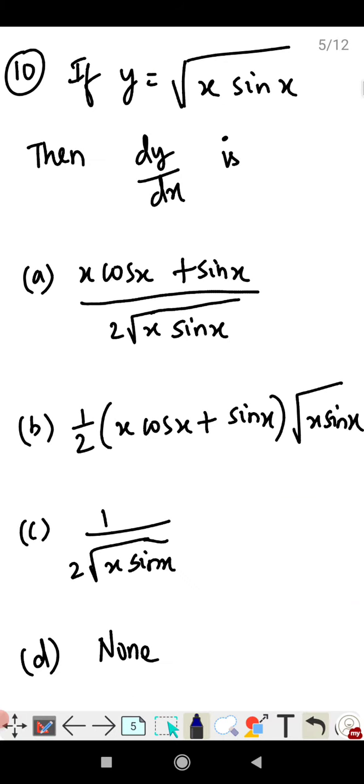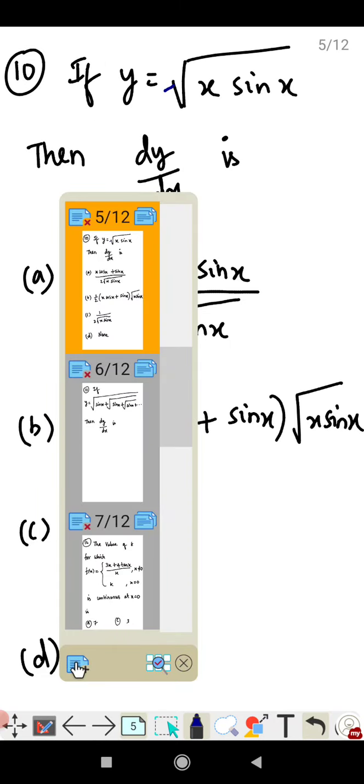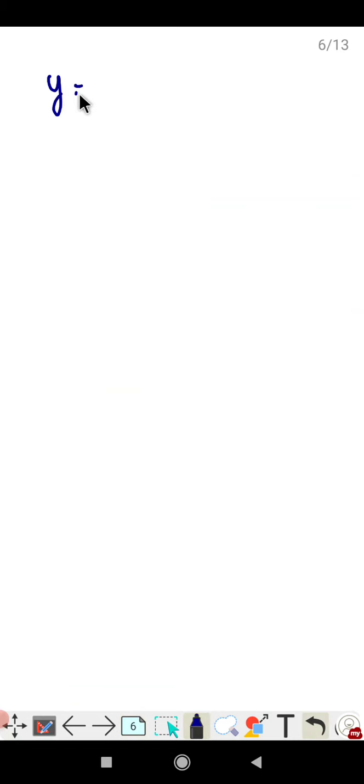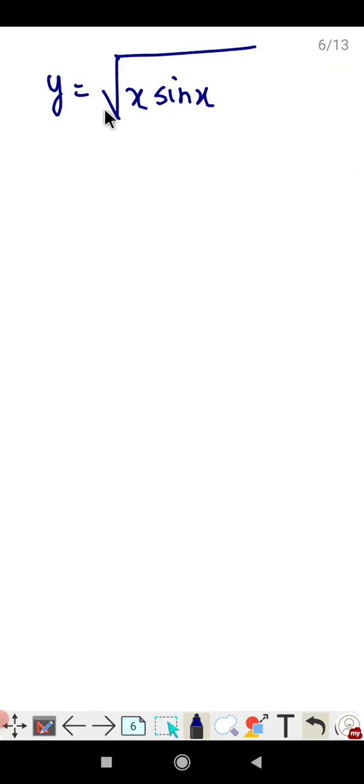Now 10th question, if y is equal to square root of x into sin x, then what is differentiation of y with respect to x? So we will do this question now. So what is y? y is equal to square root of x into sin x. So differentiation of square root is difficult.